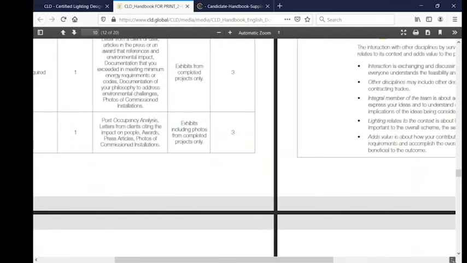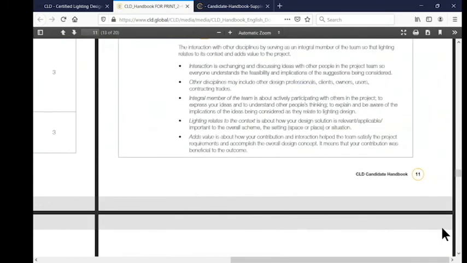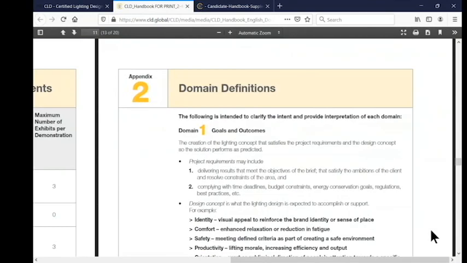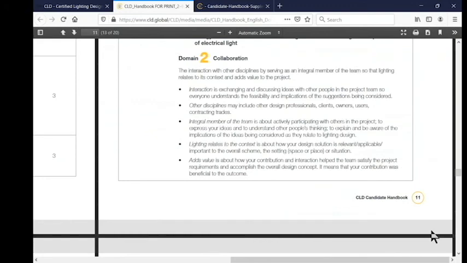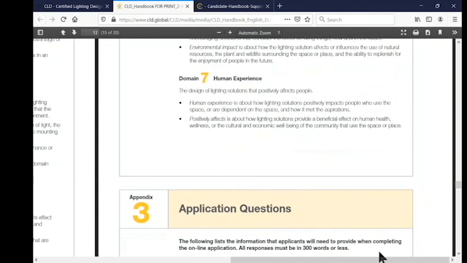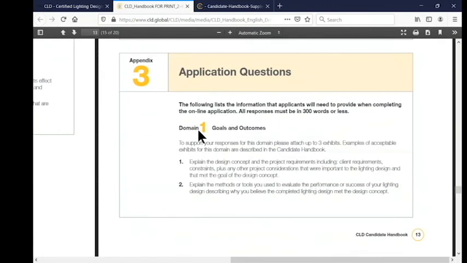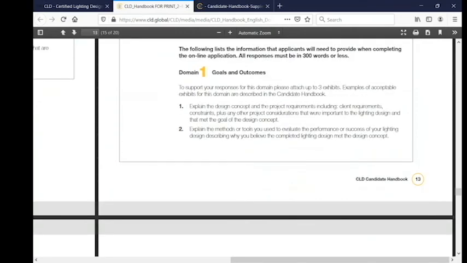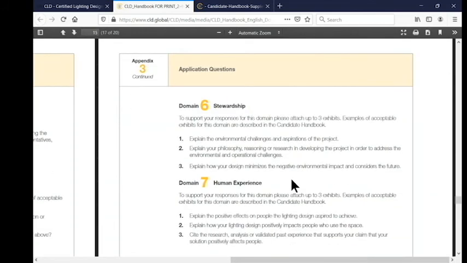Also for domain 7, you need a photo of the completed project, not a rendering or anything like that. And you'll see detailed in Appendix 3 exactly what the question you're going to get is. So you can either do it online, look at the questions one by one, or come back.